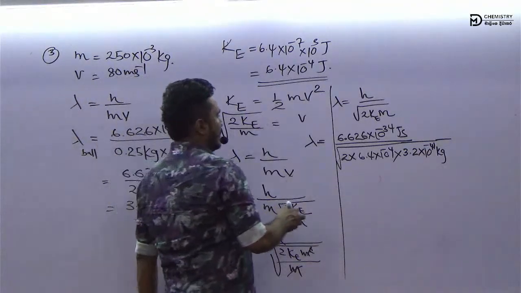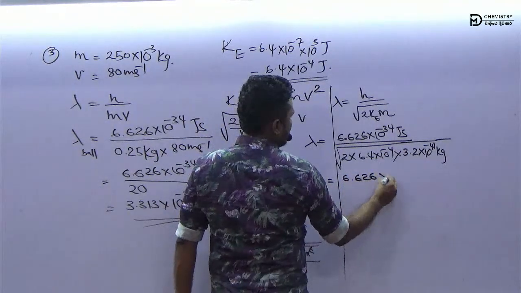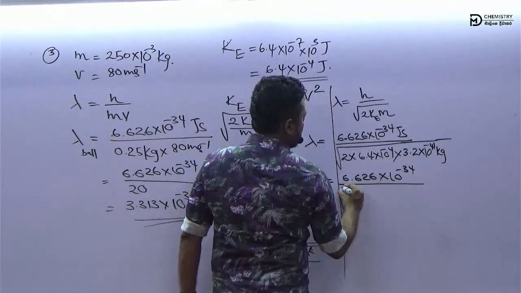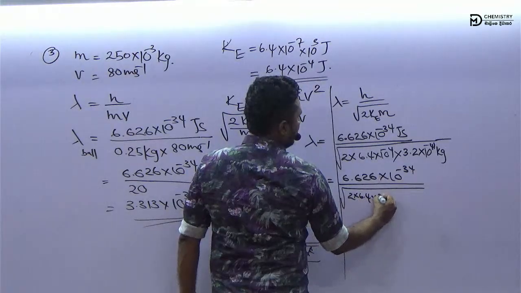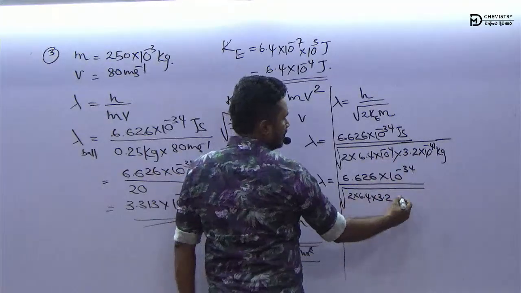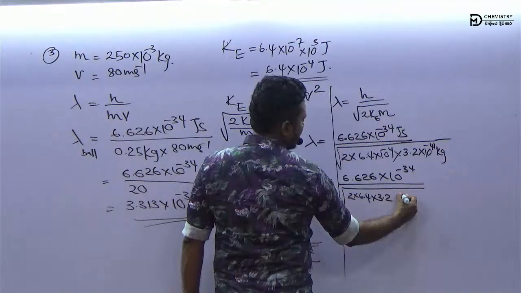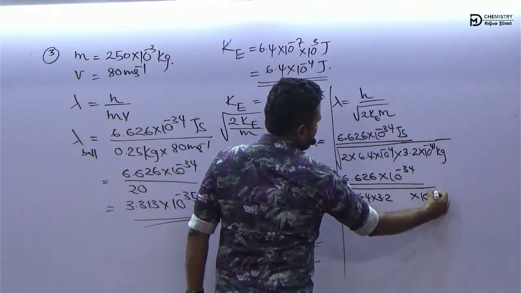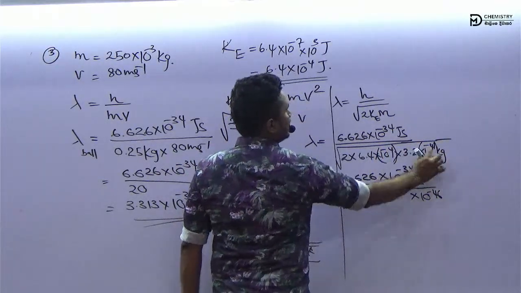Lambda equals 6.626 into 10 to the power minus 34 over the square root of 2 into 6.4 into 3.2 into 10 to the power minus 45. It is hard to divide 45, you know. So let's write this one as minus 46: minus 4 minus 41 is minus 45.